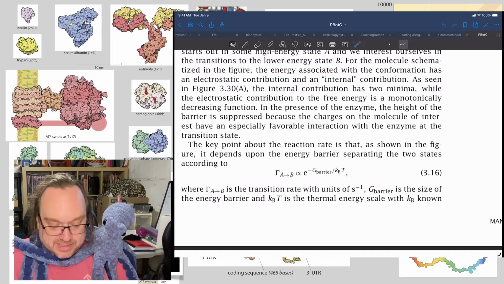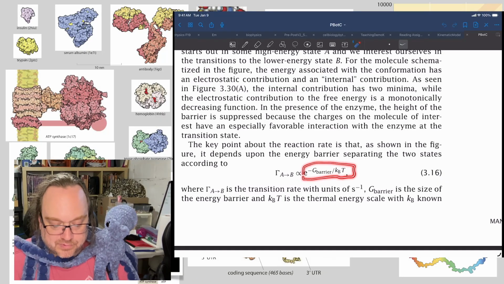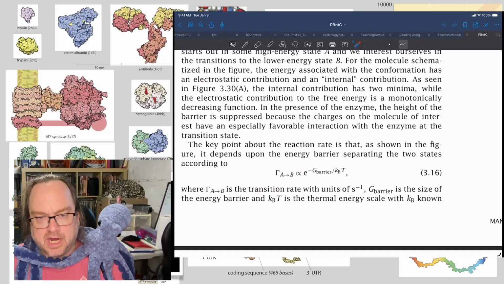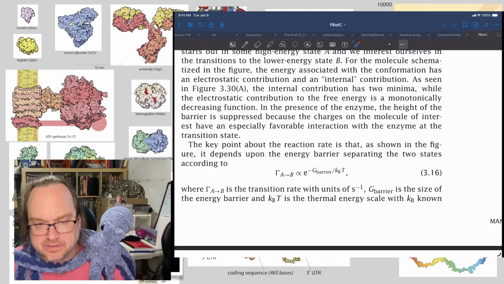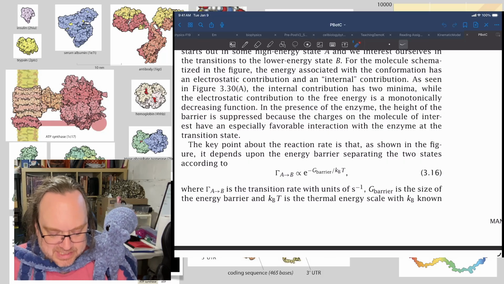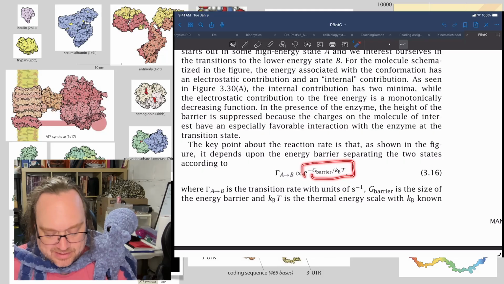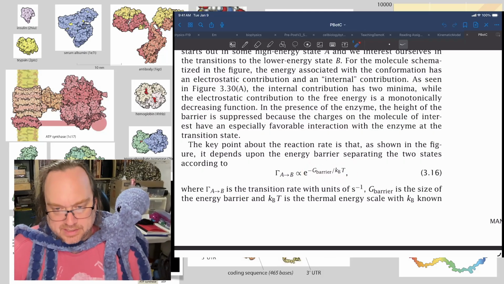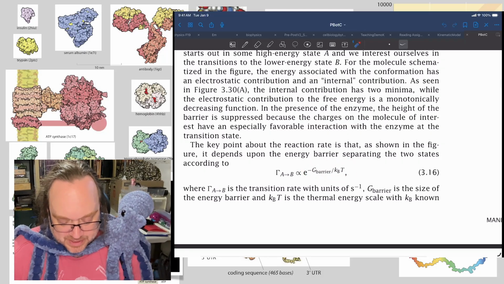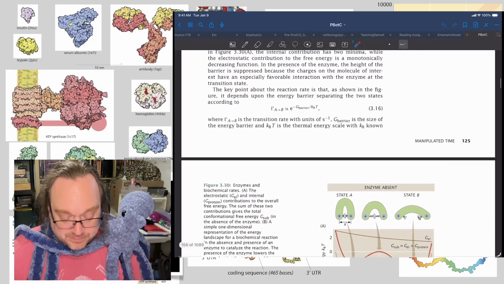And so this is an exponential decay, right? An exponential breakdown, or an exponential weighting factor, depending on what you're trying to talk about. These values might change a lot. They might not change a lot. This is talking about basically a free energy barrier that we're trying to get over for something to happen.